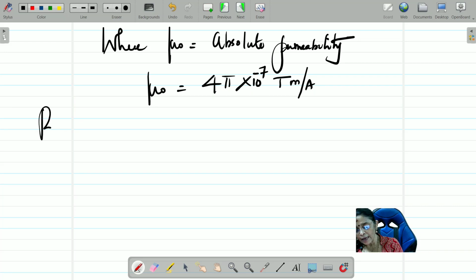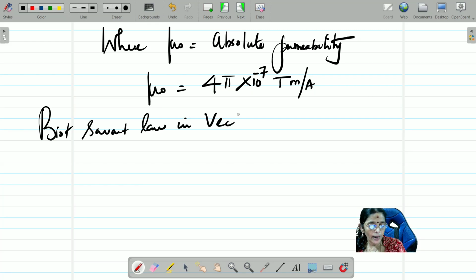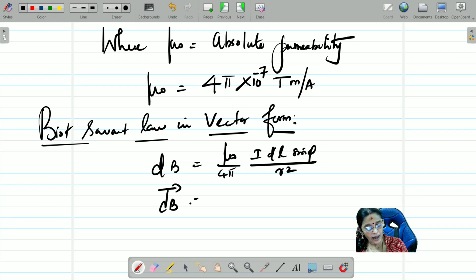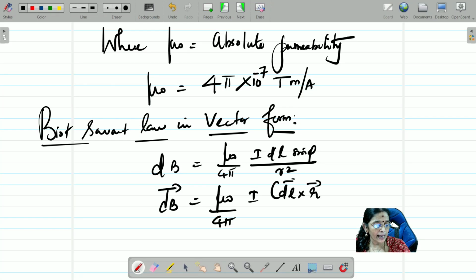So therefore I can write Biot-Savart law in vector form. How do you write Biot-Savart law in vector form? dB is equal to mu naught by 4 pi, I dl sine phi divided by r square, which can be written as dB vector is equal to mu naught by 4 pi I into dl cross r, because a cross b is ab sine theta, divided by r cube.